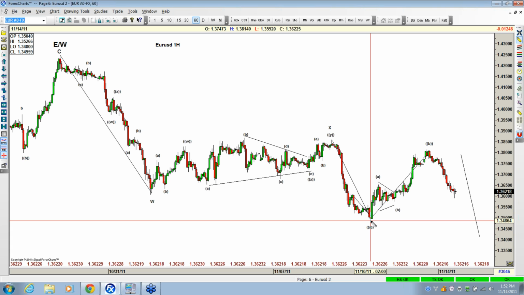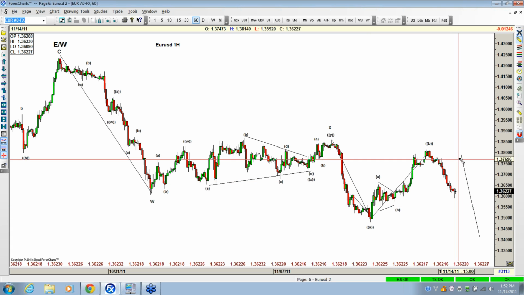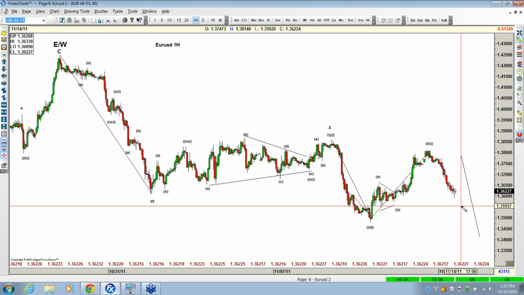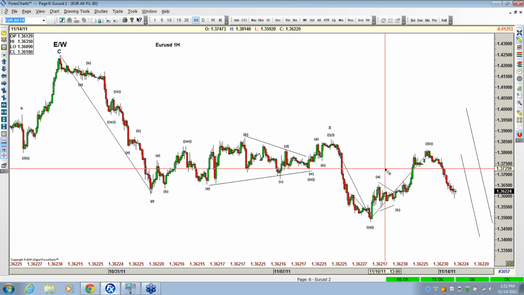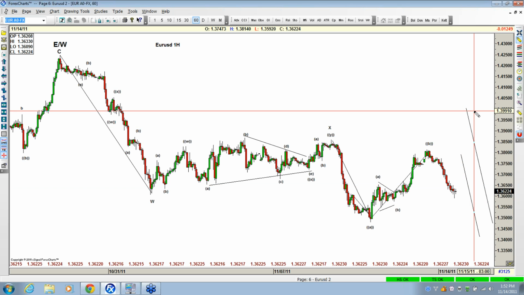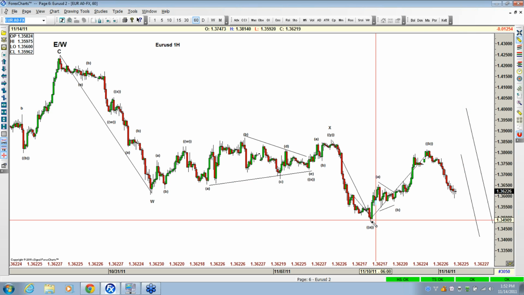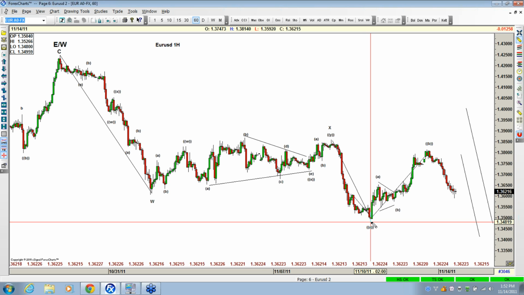That's all you need to care about. Now, that it's going to break from here, that can be possible. That it's going to break from higher, and then this is A, B, C, W, X, Y. That's another question. But all you need to care about is that this low is going to be broken. That's all you need to care about in short degrees.